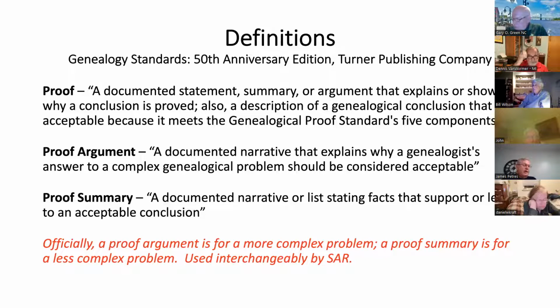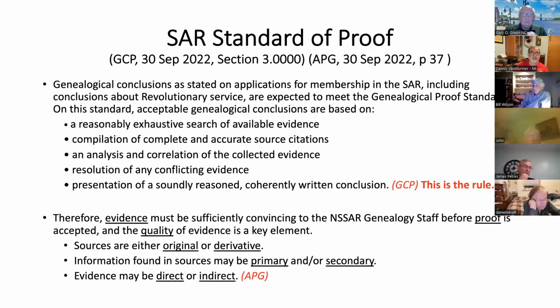So this term is pretty much used interchangeably by SAR. You'll see it used interchangeably in the application preparation guide. I think the policies pretty much just use the term proof argument. And that's what I will try to use most of the time, proof argument, regardless of how complex it is.